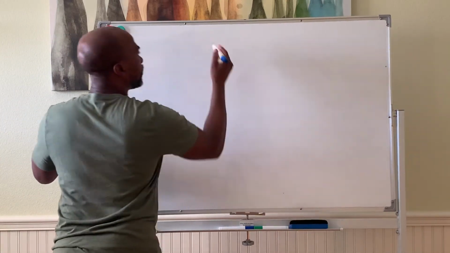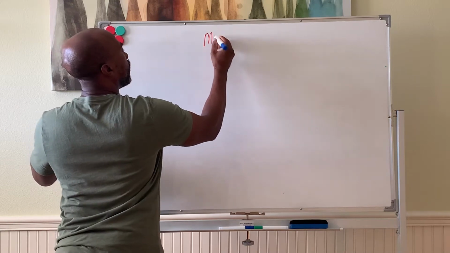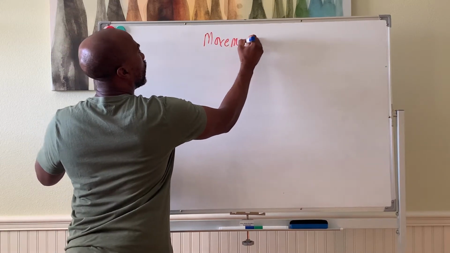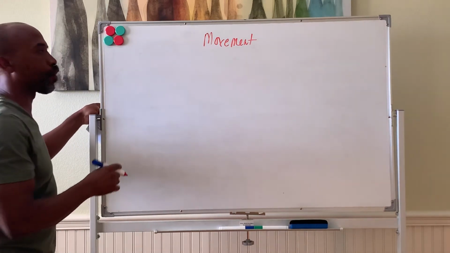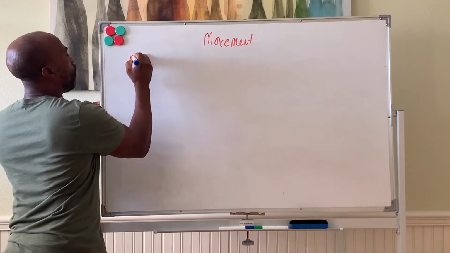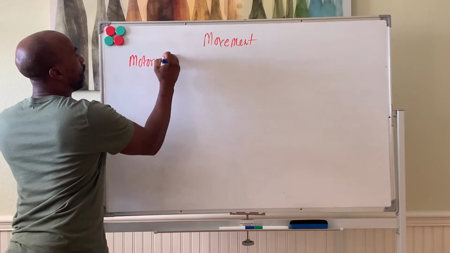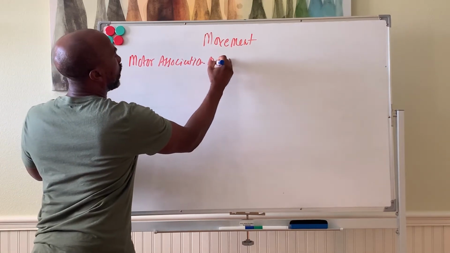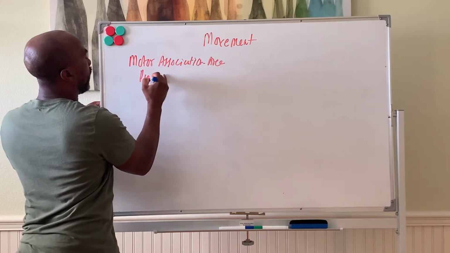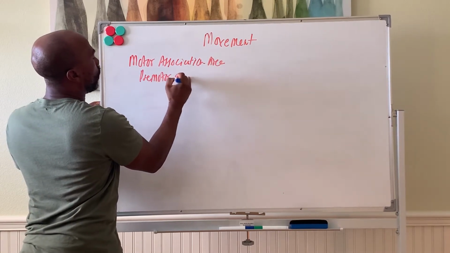So movement, right, begins in your premotor cortex, or your motor association area, what we call your premotor cortex.